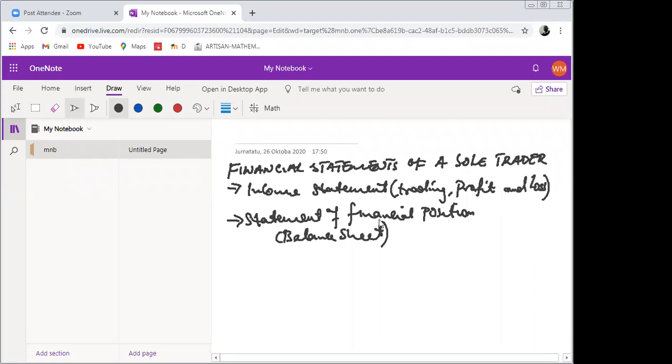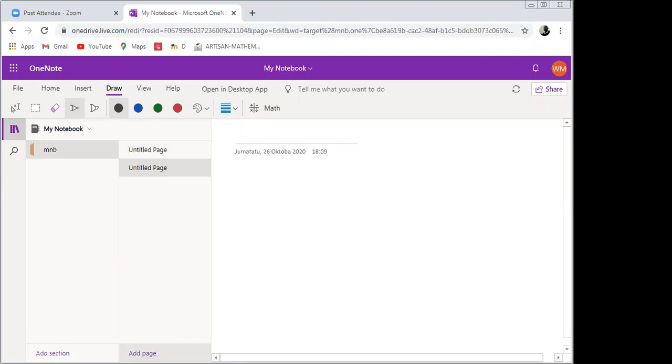So this is meant to know the assets the business has and their values, the liabilities the business has and their values, and also the capital of that business.